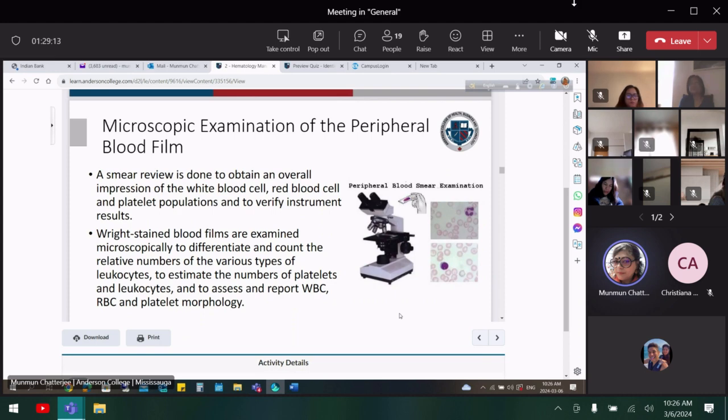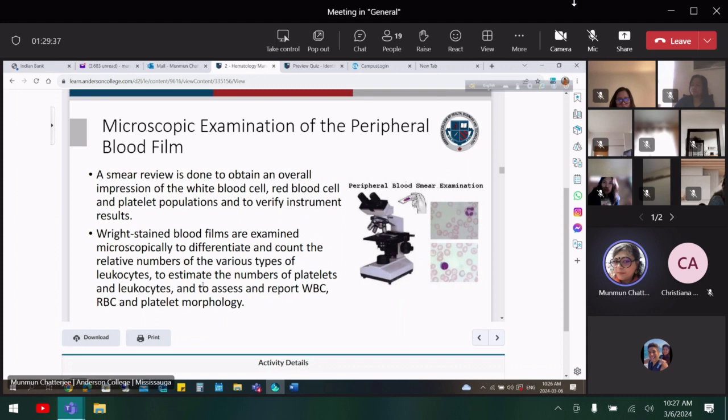Smear review is done to obtain an overall impression of the white blood cell, red blood cell, and platelet populations, and to verify instrument results. Stained blood films are examined microscopically to differentiate and count the relative numbers of the various types of leukocytes.